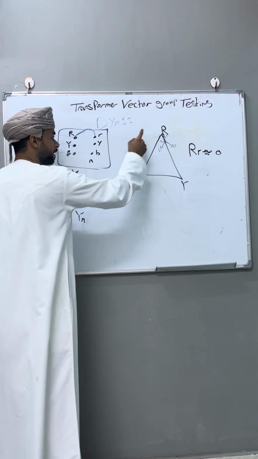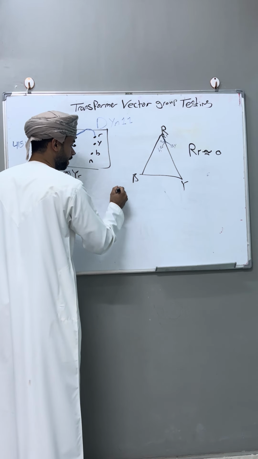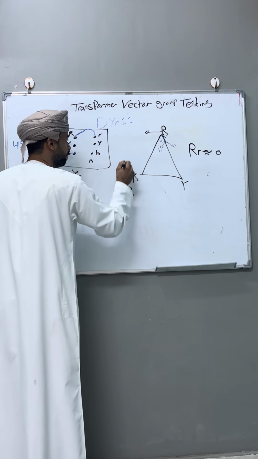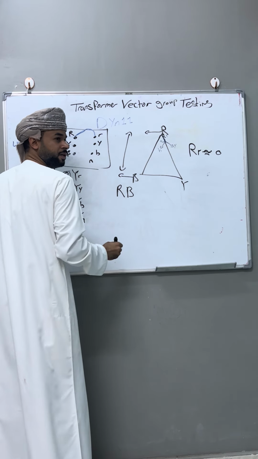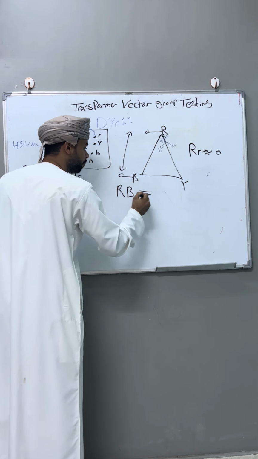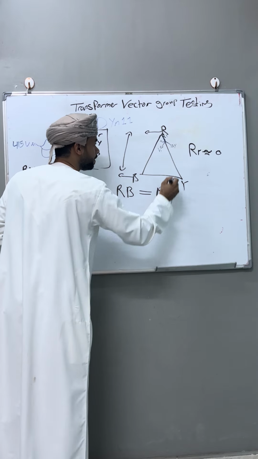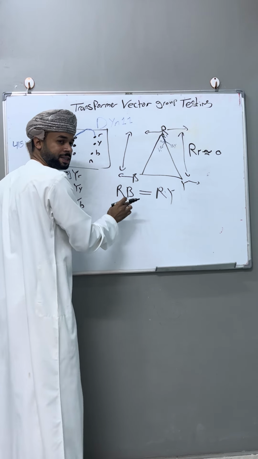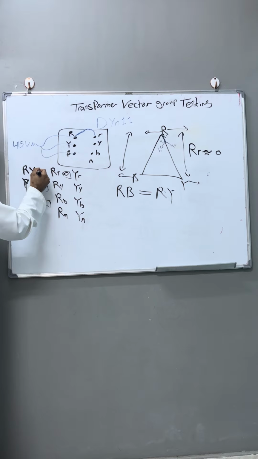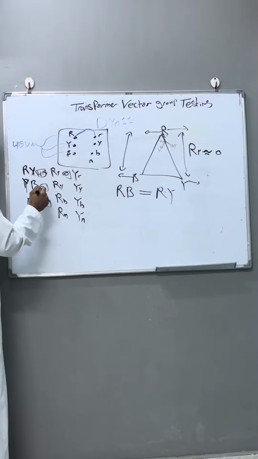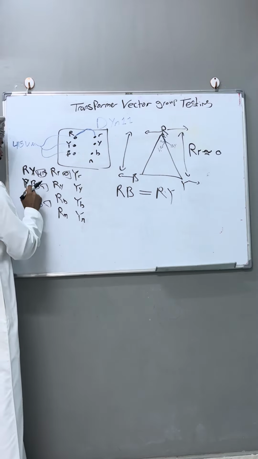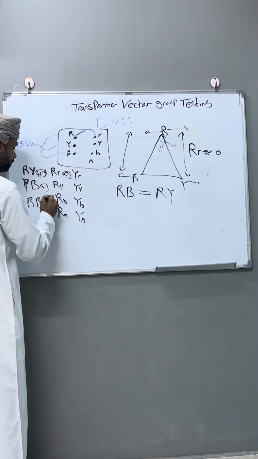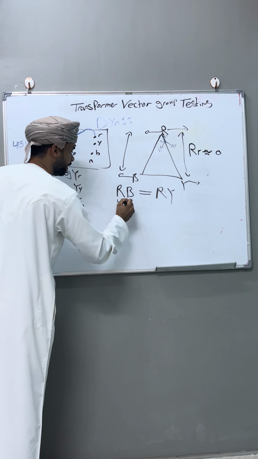Now, if you check the distance between R capital and B capital, I will say it will be equal to R capital and Y capital. For example, if RY capital gives me 450 volt, RB capital should also be 450 volt.